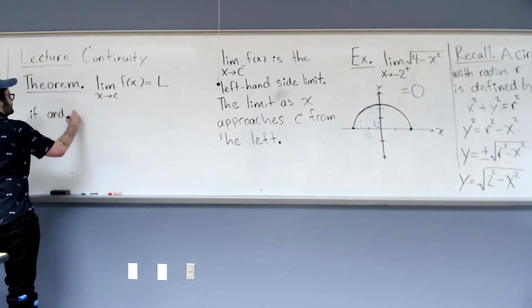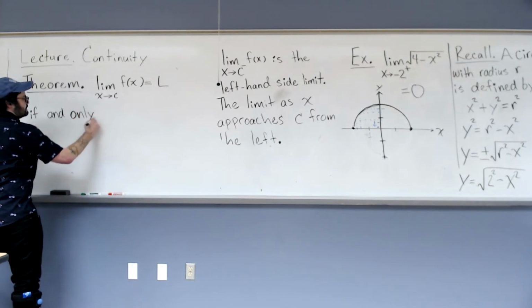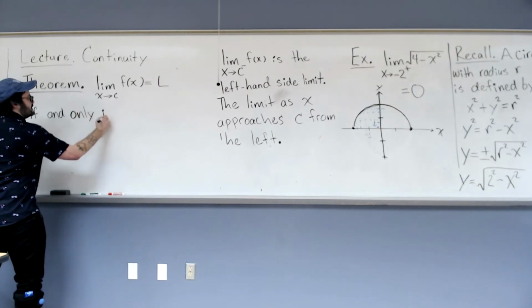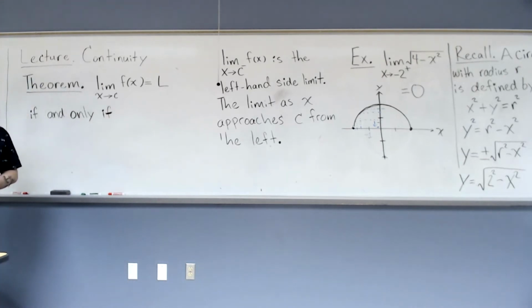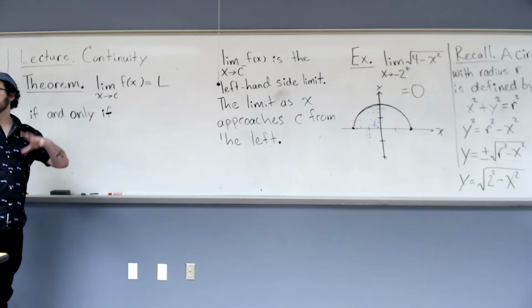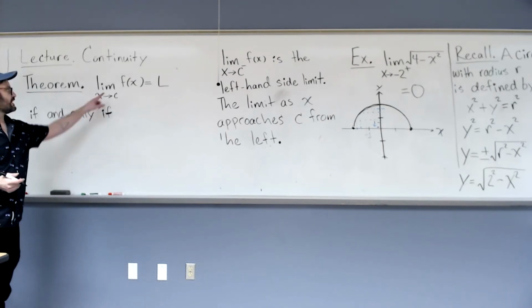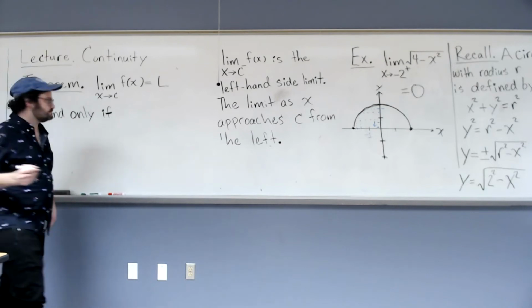For those of you that will never take a course called discrete math, if and only if comes from logic, and it's an equivalence between two things. Whenever you see if and only if in a mathematics course, it's an equivalence between statements. That's a statement, and whatever follows this is going to be equivalent to it.